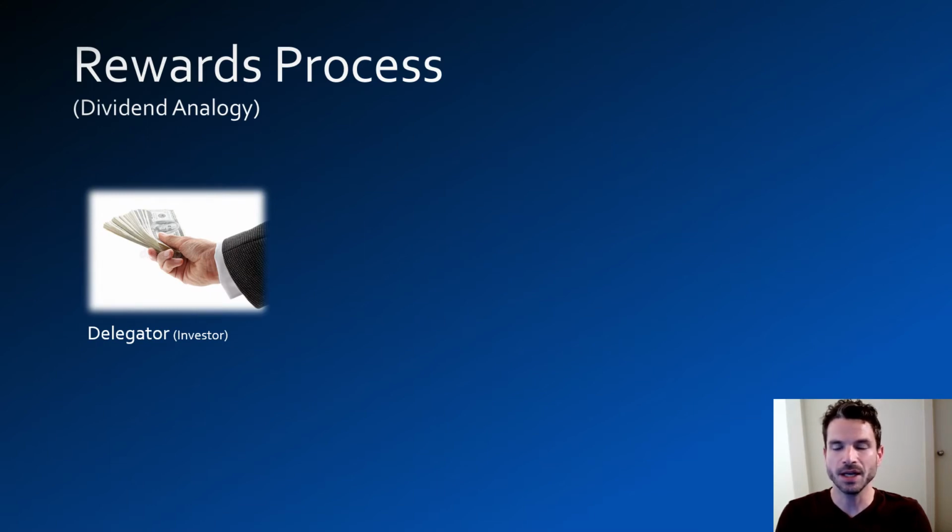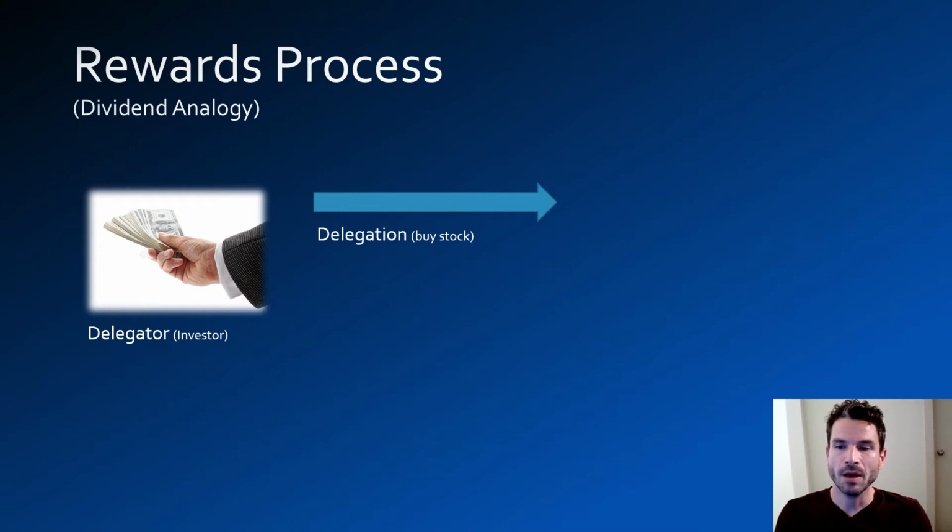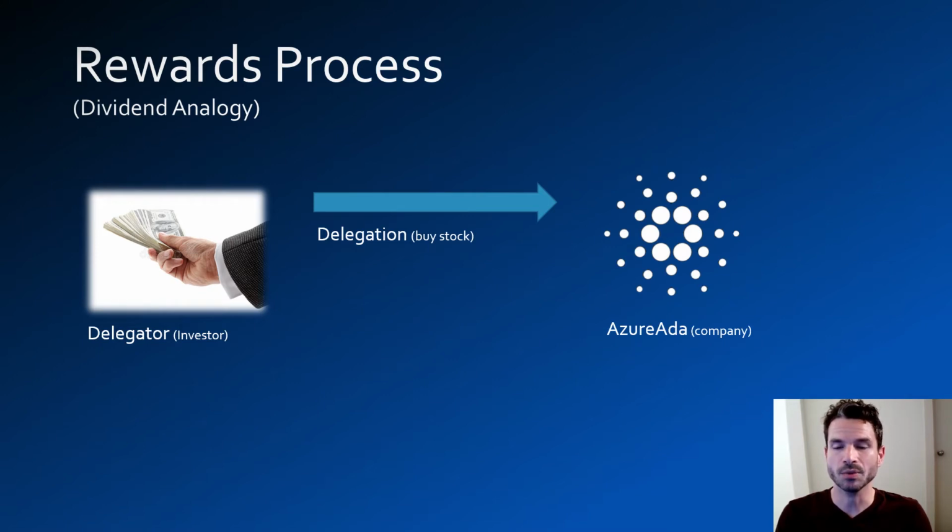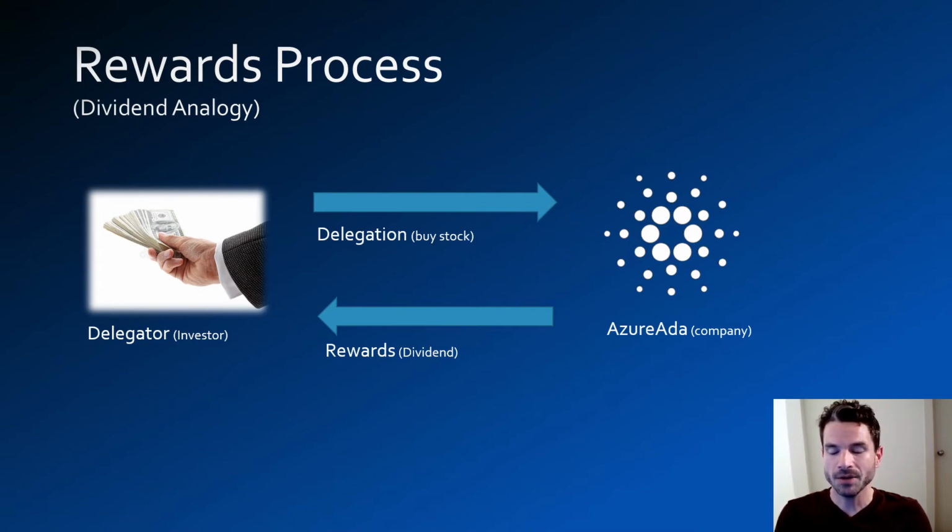First, delegators, similar to an investor, delegate a representation of their ADA to a stake pool. This can be thought of as similar to an investor buying stock in a company. Then, periodically, via the network protocol, rewards are automatically calculated and distributed to the delegators.